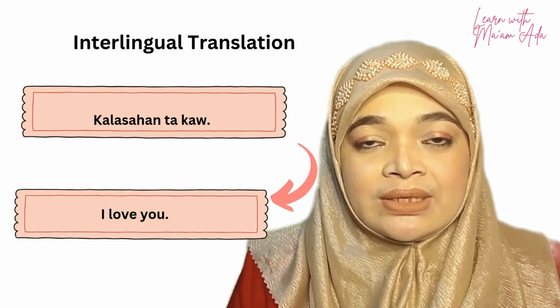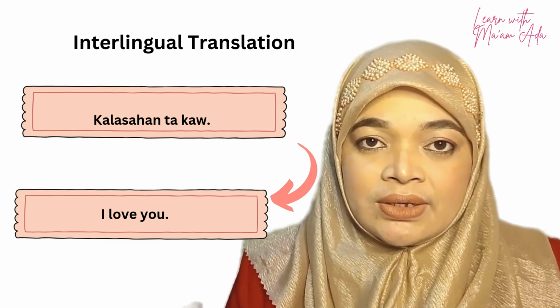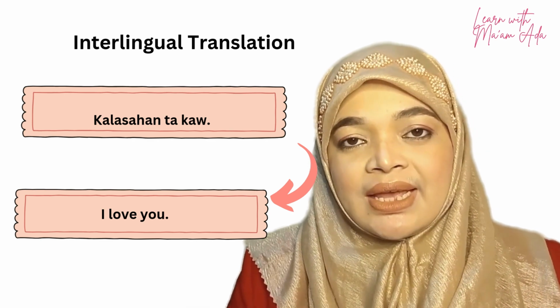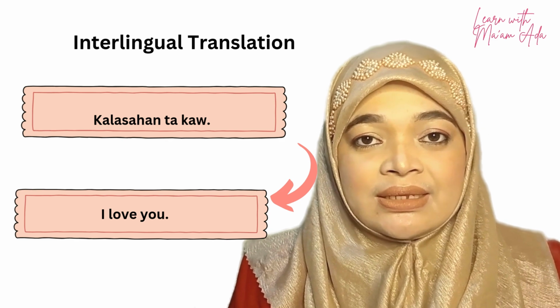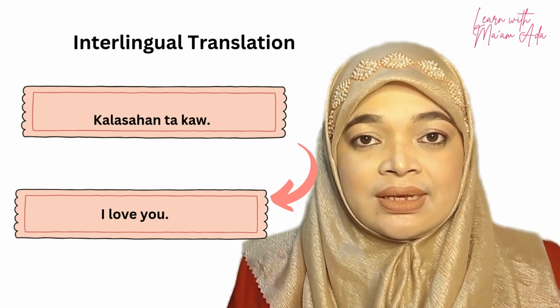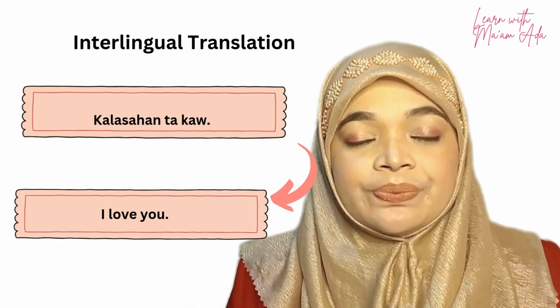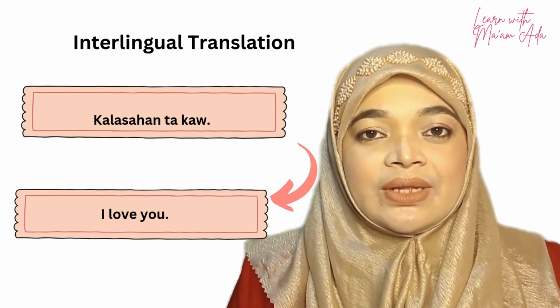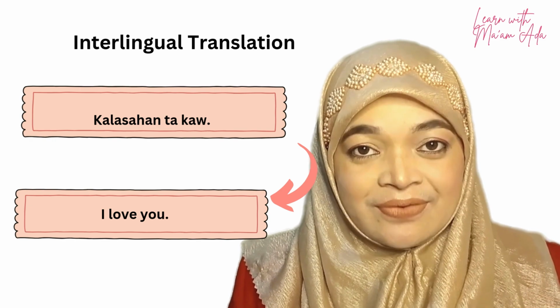So, let's say if I have the Tausug language as the source text and then I have the target text as the English language, I would like to translate, let's say the sentence, "Kalasan takaw," then I will translate that into English and I will have the output, "I love you."